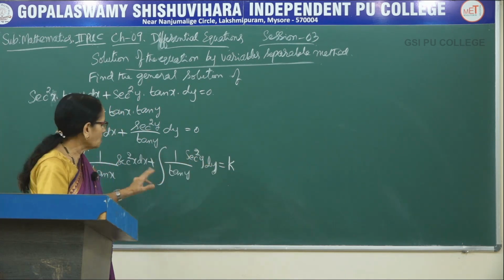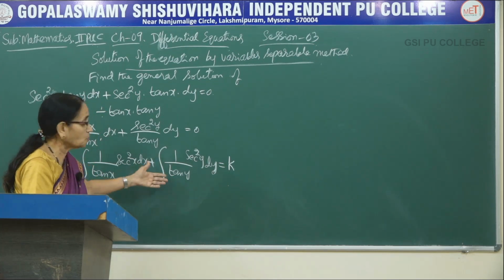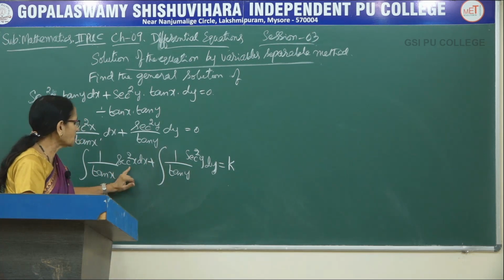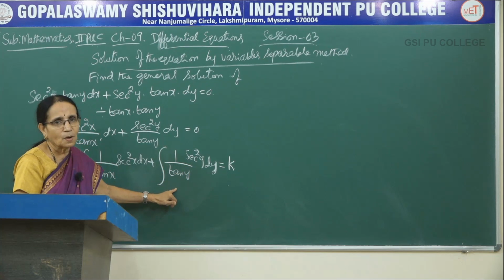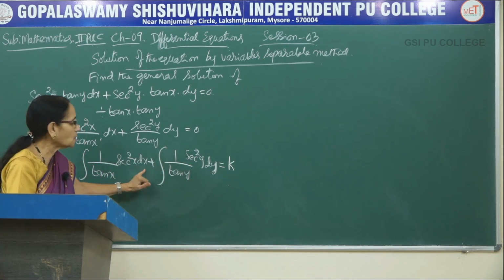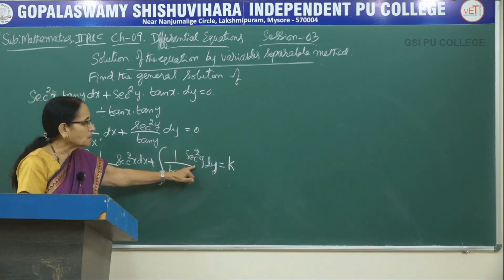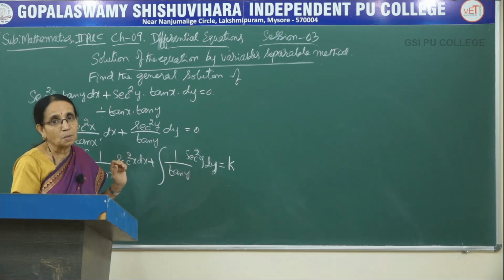The reason is, by looking at this function, I could say what method of integration we have to adopt here. Look here, secant square x is the derivative of tan x, secant square y is the derivative of tan y. That means that by taking this as u, the whole of the numerator becomes du. Similarly, if you take this as v, that becomes dv. In other words, I am making use of the substitution method here.